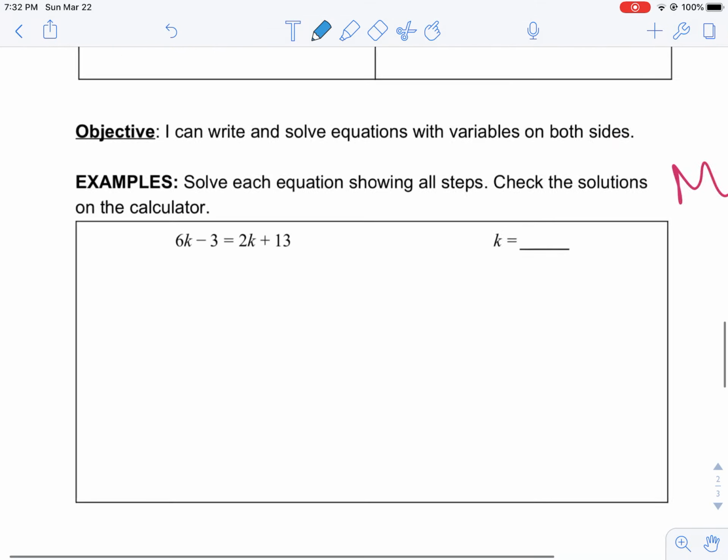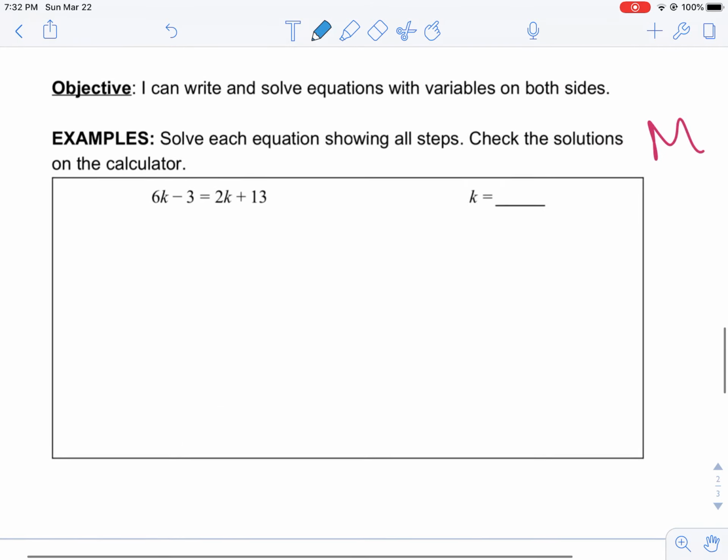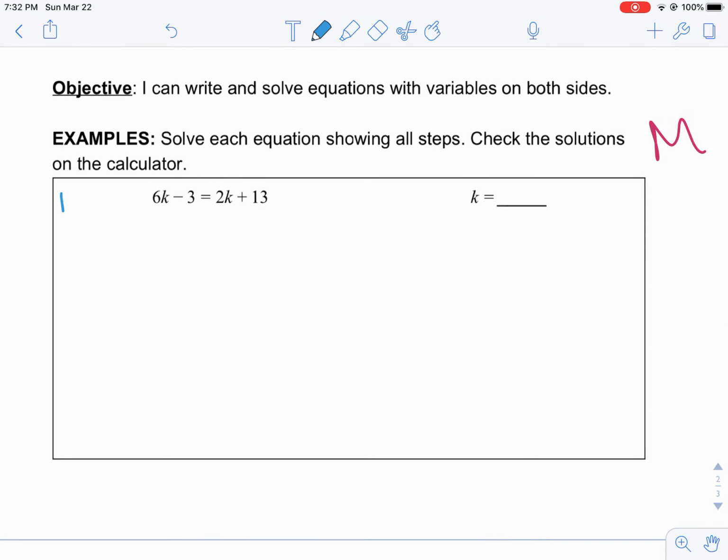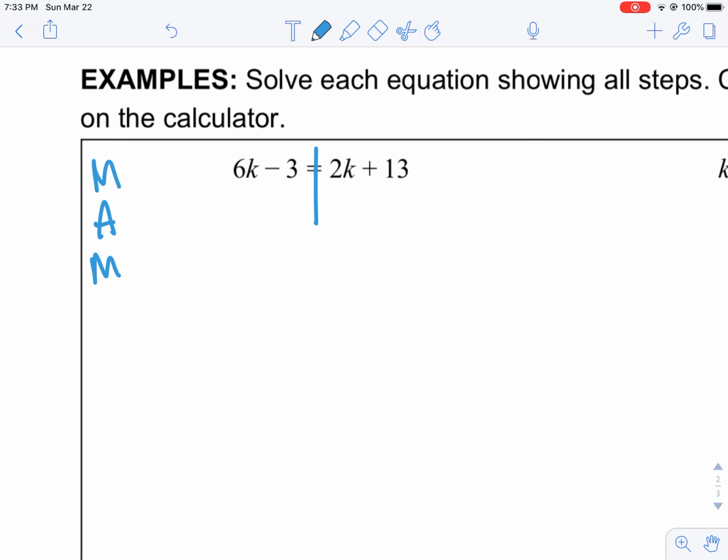Okay, and then the last problem here, we just have one of these, is to remind you what to do if you have variables on both sides. So again, we're going to move the variable to one side. So if you notice, I have 6k and 2k, so I have variables on both sides. So I'm going to move the variables to be on the same side. I'm going to take this 2k, move it to the other side.